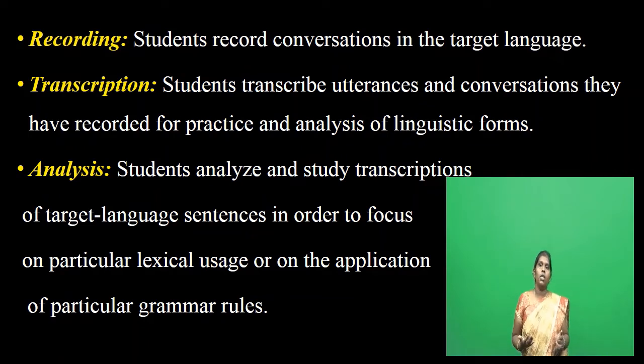Translation means from L1 to L2. As I said earlier, the learners will be sitting in a circle and the learner should whisper a message or the meaning that they want to convey to the teacher, and the teacher should translate the message into L2. So from L1 to L2 translation is taking place, and the important thing is the learner should repeat the translated message. That is very important. And the second one is group work.